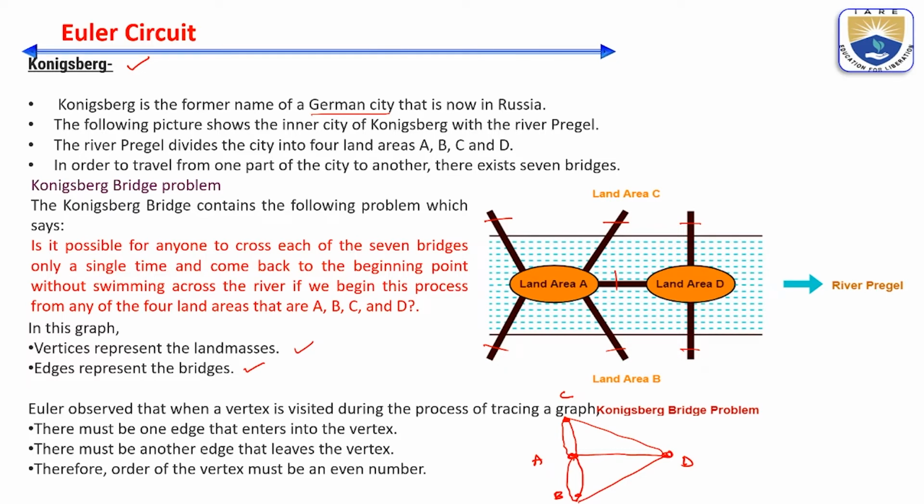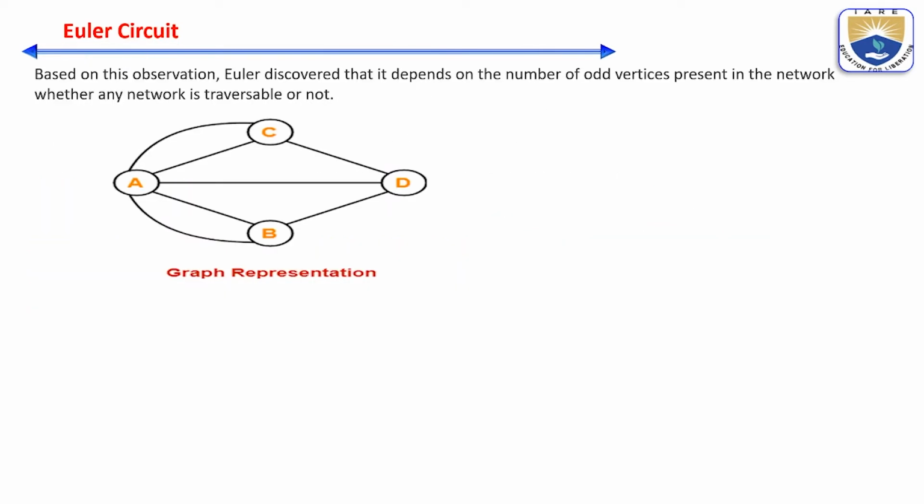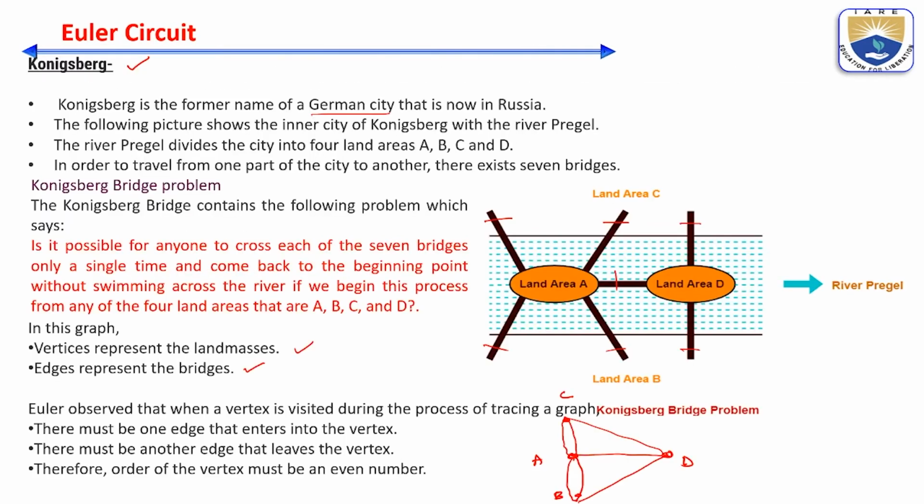So any circuit which covers all the edges of the graph, crossing each edge only once and reaching the same vertex, that means whether the graph has an Euler's circuit or not. So that is the question.